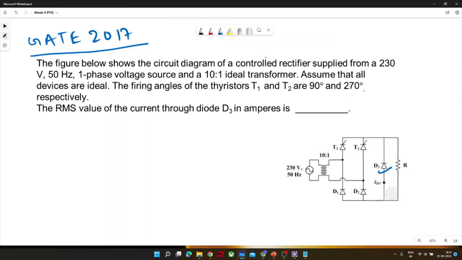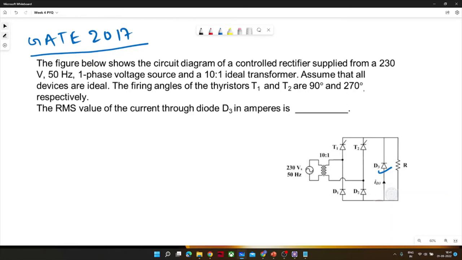This problem has two topics covered. One is the transformer, and one is the single phase full wave rectifier. Which topology of single phase rectifier is it? Can anybody tell me?